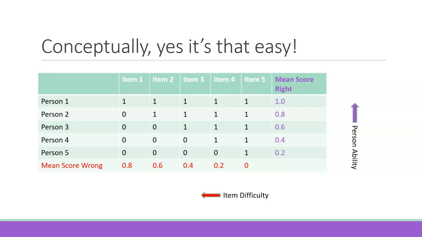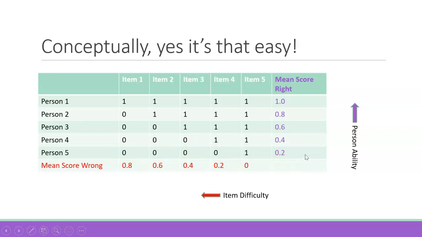How much do they know about this math test that we are giving them? We can see that person 1 got all 5 items correct, so they have the highest ability of these 5. Person 4 got these 4 correct. Person 3, person 2, and person 1 only got item 5 correct, so they have the lowest ability.